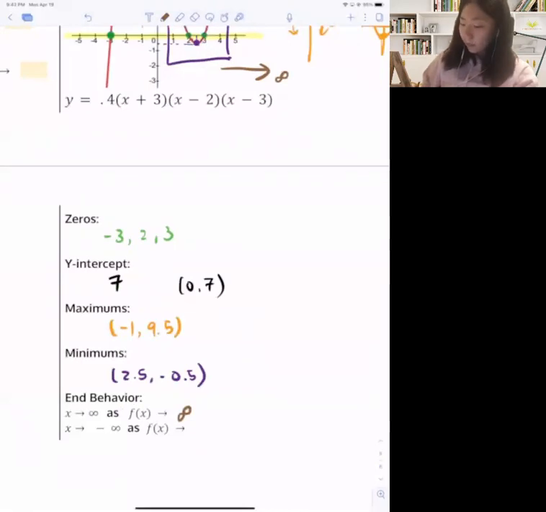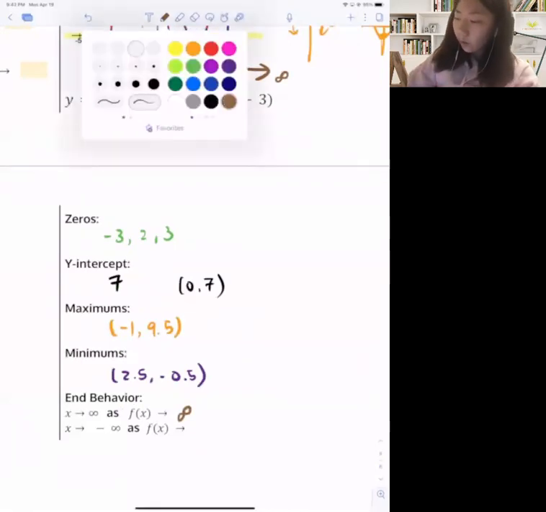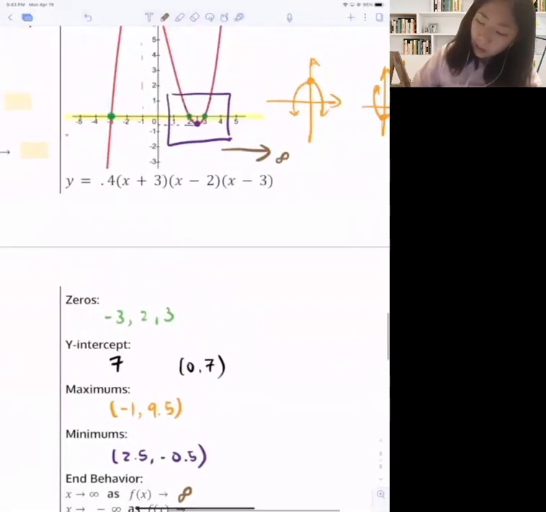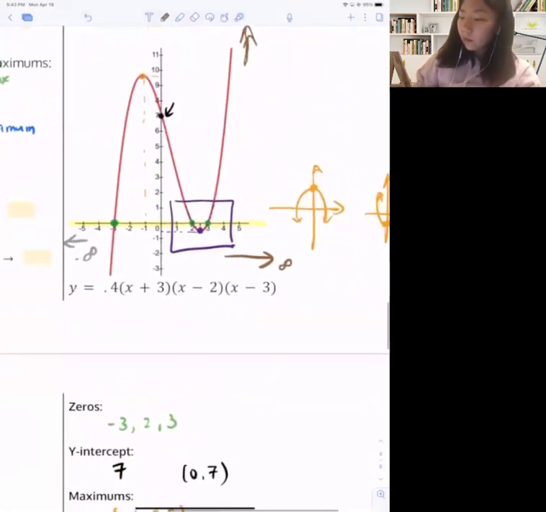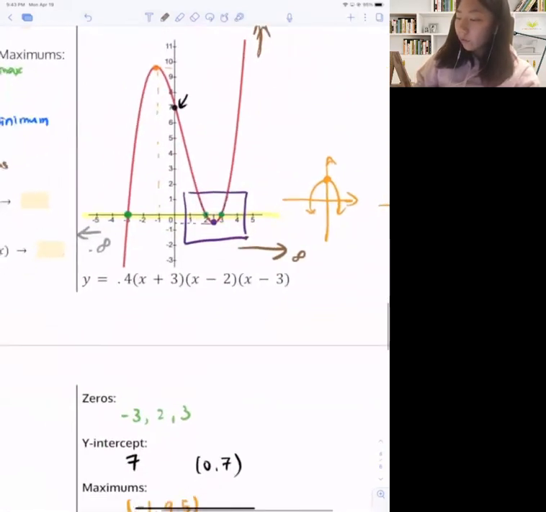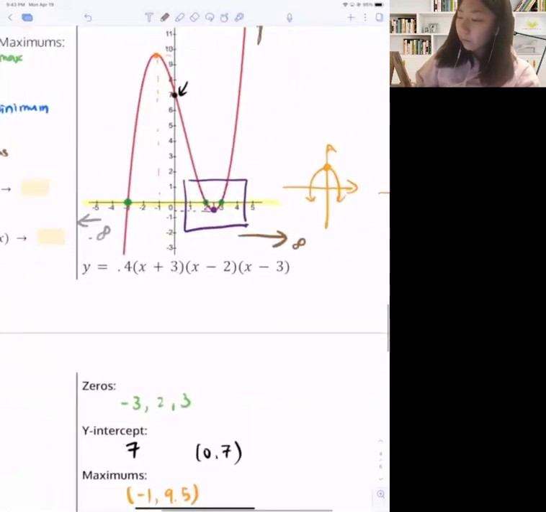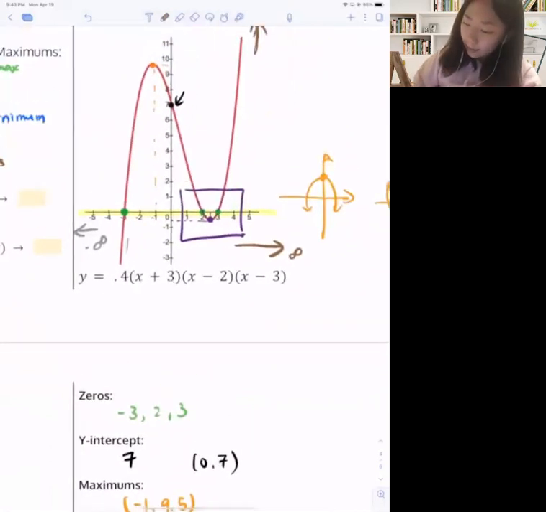And let's look at when it's going far left, meaning my x is approaching negative infinity. Let's look at the end of the left side of our polynomial. The last end that we see in this window is going downward.